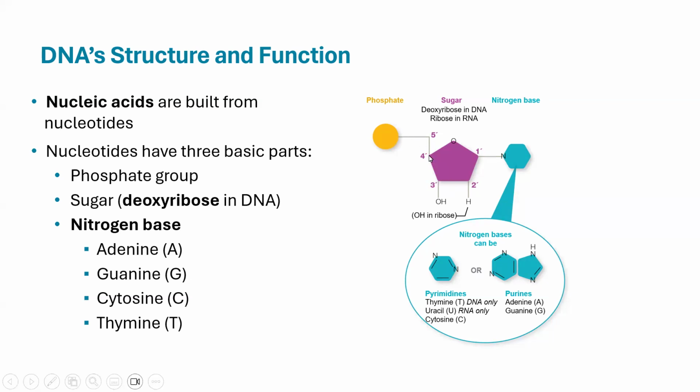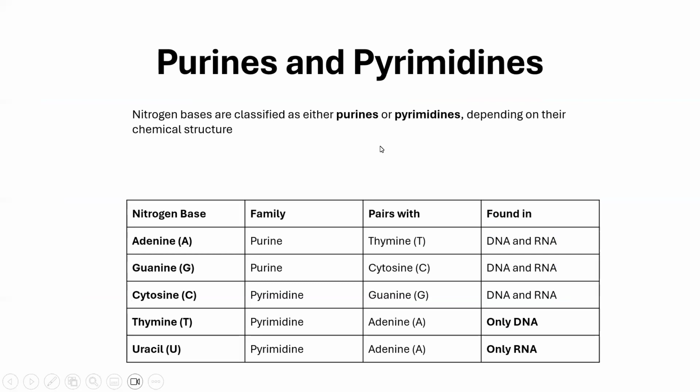The 4' is going to have the 5' attached to it, and the 5' has the phosphate. And so these bases that are on that 1' carbon are going to be divided between purines and pyrimidines. Your purines are adenine and guanine, while your pyrimidines are cytosine, thymine, and uracil.